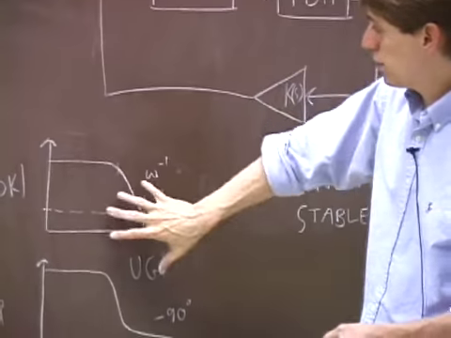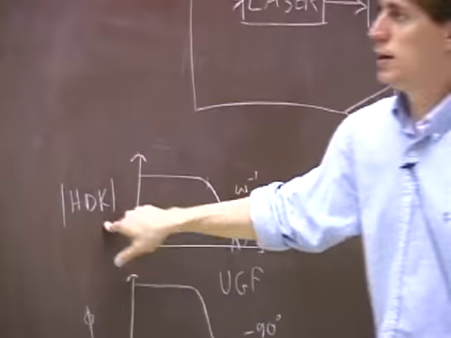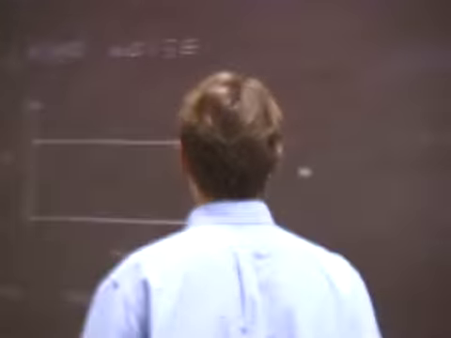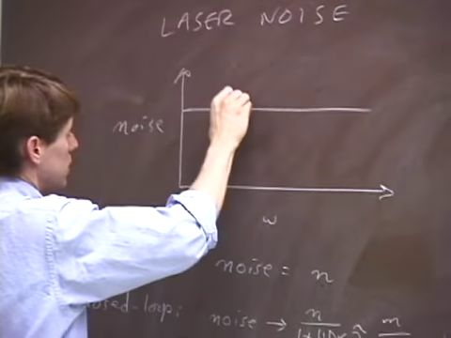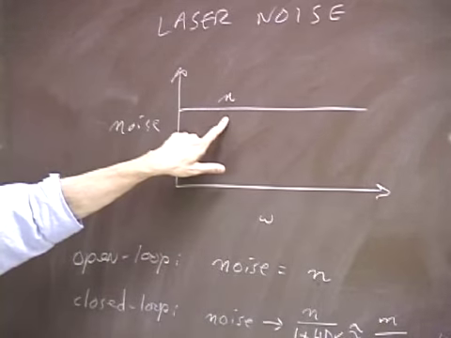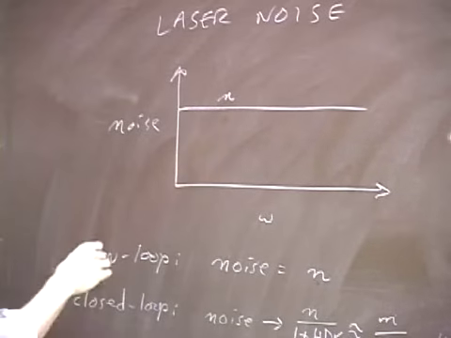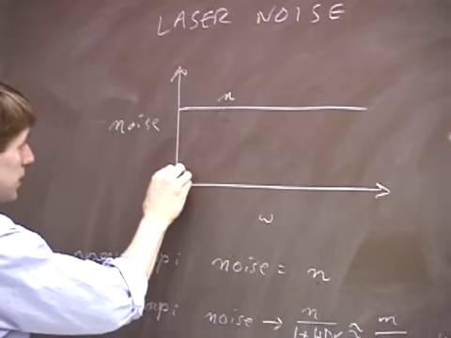And so if I take this function, this HDK, and plug it in over here to this expression for the noise, so this is the noise N that we had in open loop without any feedback, then I'm simply taking the image of that thing.